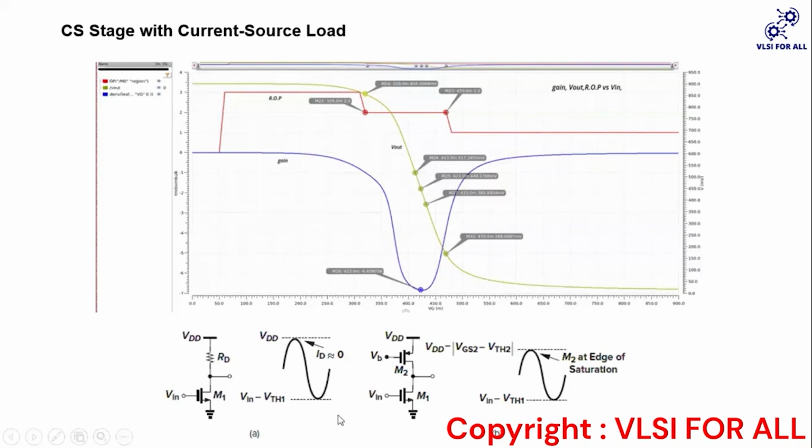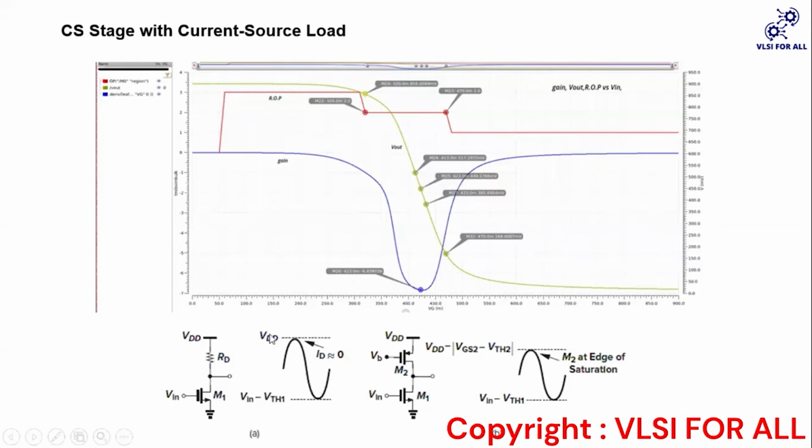This is the output voltage swing. We usually see the swing as one full swing, like 0 to VDD, and one when both transistors are in saturation. We operate as an amplifier when both are in saturation, so we will see the output voltage swing when both transistors are in saturation region.